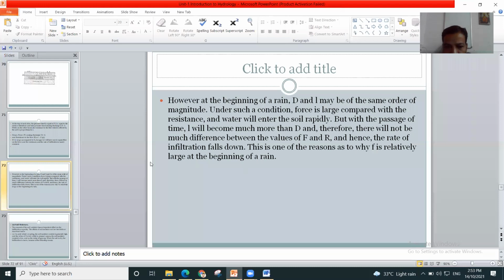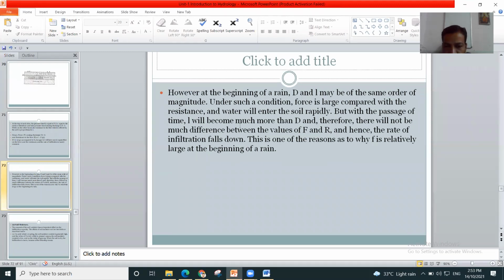So after some time, the rate of infiltration falls down. In the beginning of the rain, the infiltration rate will be higher; with the passage of time, it will decrease.